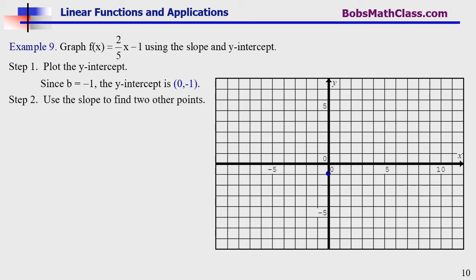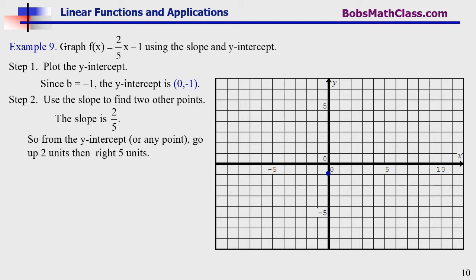Now the slope, we're going to use that to find two other points. The slope is 2/5. You might recall the phrase rise over run. So that means they're both positive. So you're going to go up 2 and then right 5 from the y-intercept.